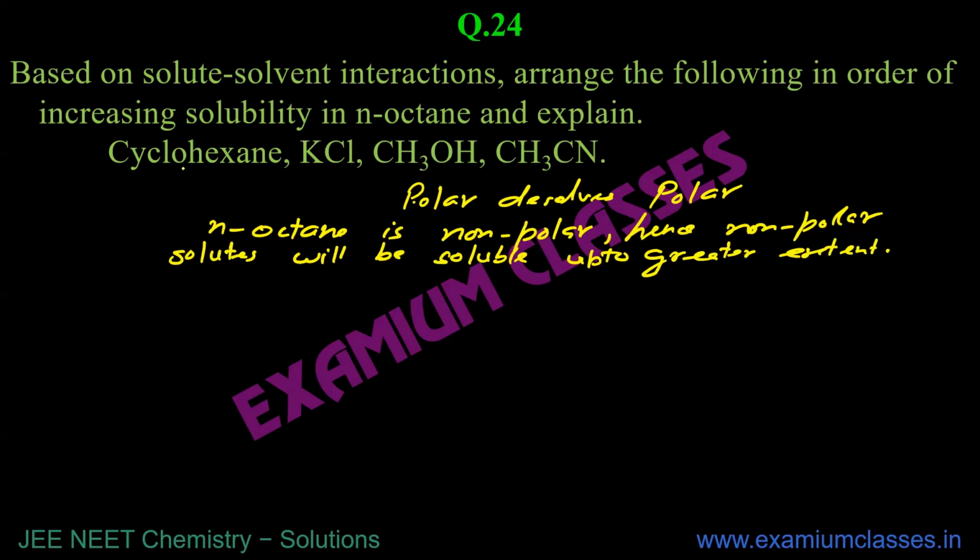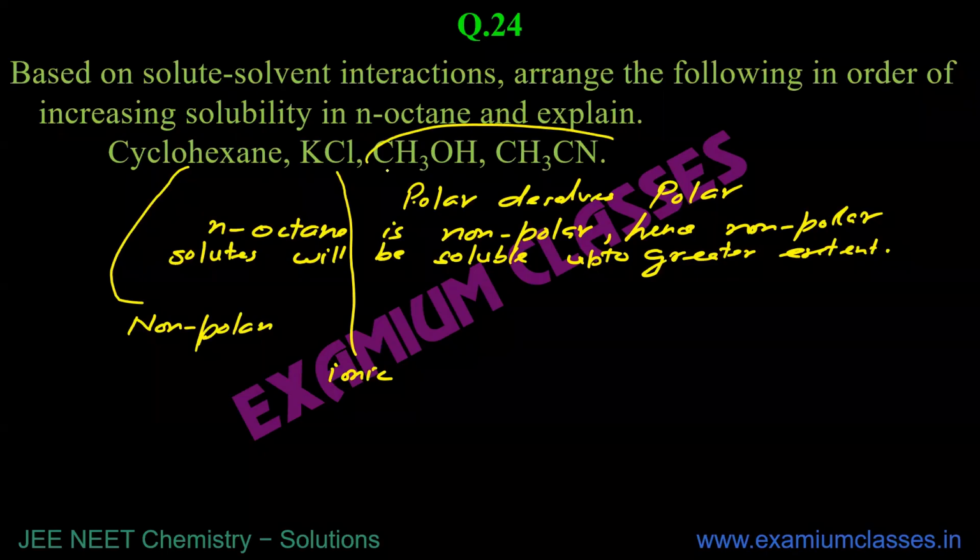So cyclohexane, this one is non-polar. And if I consider the difference in electronegativities, K plus and Cl minus, this is ionic. CH3OH and CH3CN are not ionic, but these are polar. So I need to find out which one is more polar and which one is less polar on the basis of the difference in electronegativities.